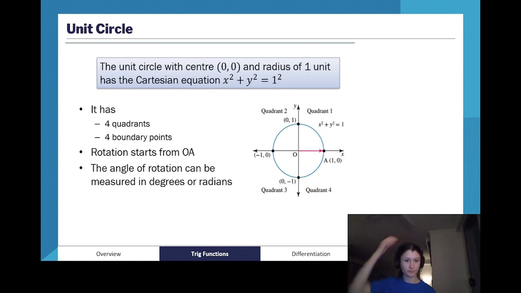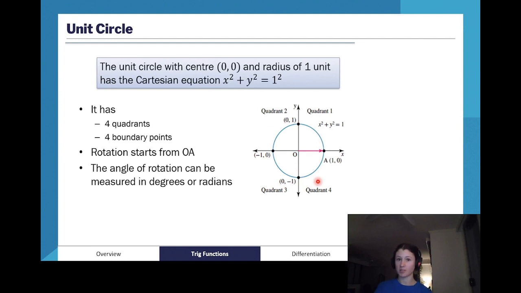So, what we now need to think about is the rotation. When we're thinking about a unit circle and an angle within a unit circle, we actually start with the positive x-axis. So we start on this line here, and we're going to move anti-clockwise around in this direction, right?